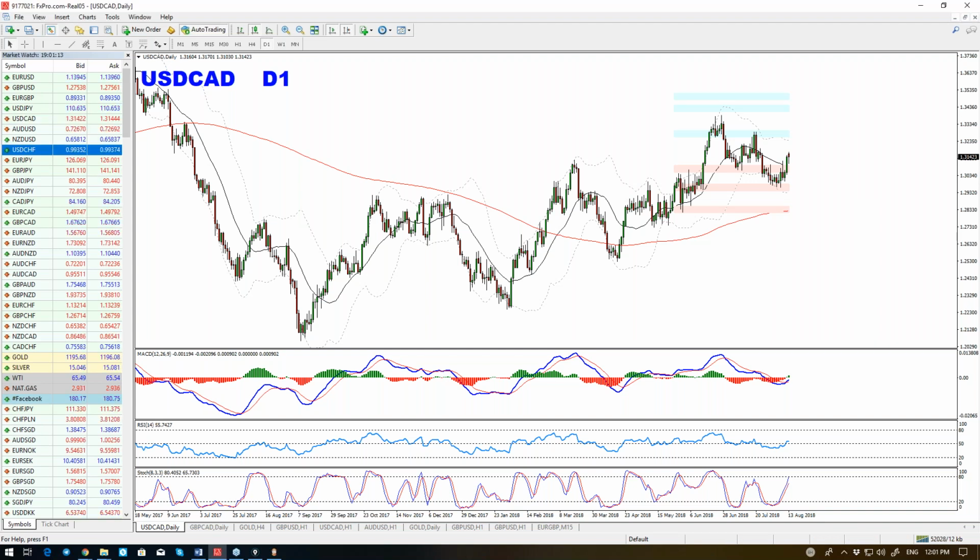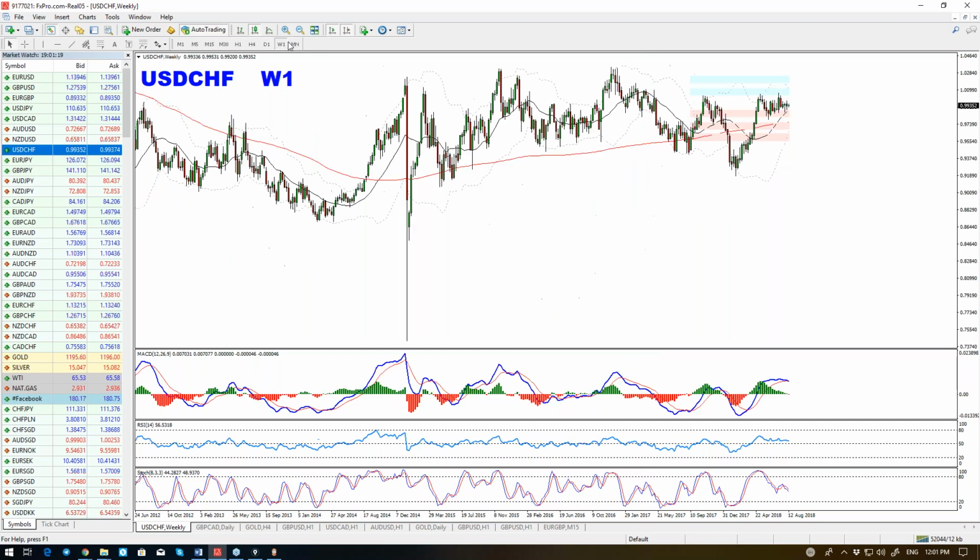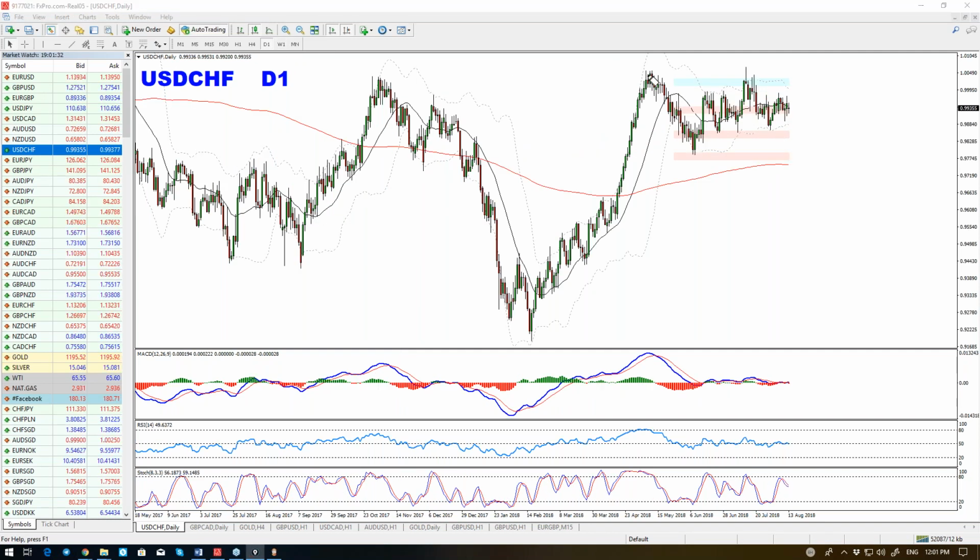Dollar versus the franc is one of these pairs that I have no clue what's going on. Simple. Weekly stuck inside a range. Kind of a top of the range, even, right? Daily is stuck inside a range.